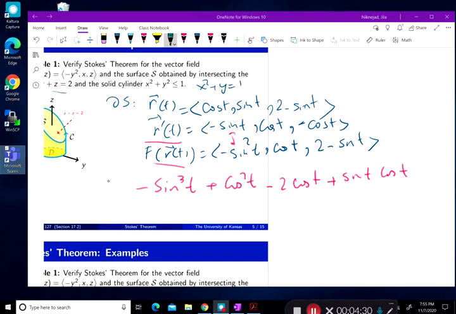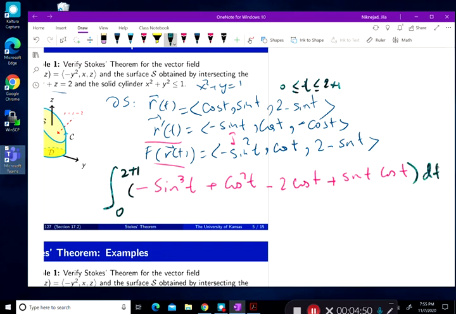Because the parameterization was all around, it's going to go from 0 to 2π. Yeah, that was the parameterization that would give us the right orientation, and dt.